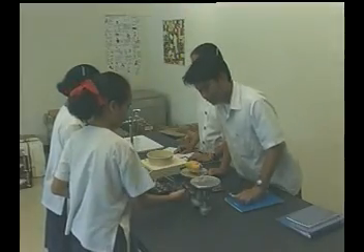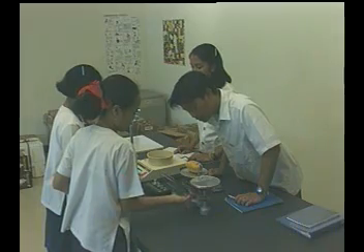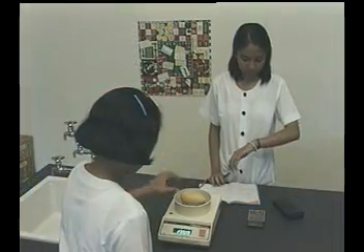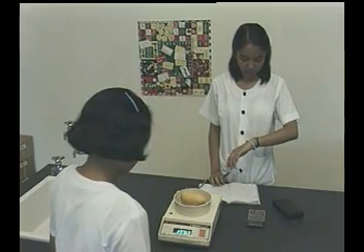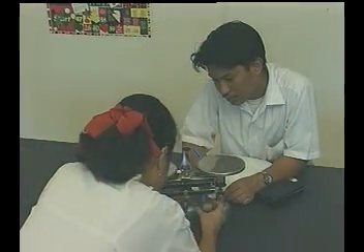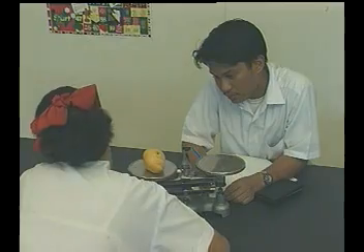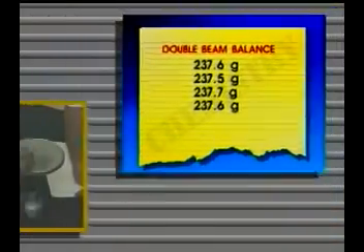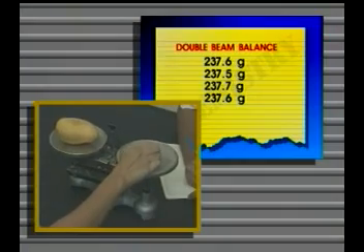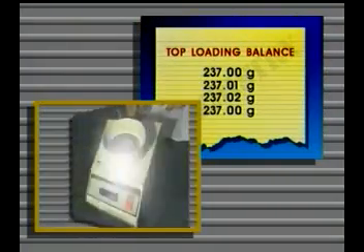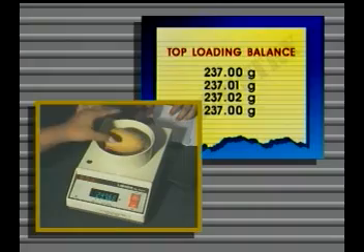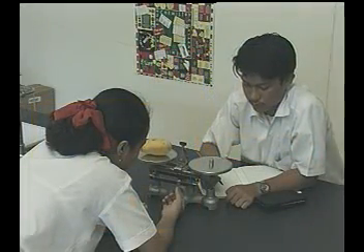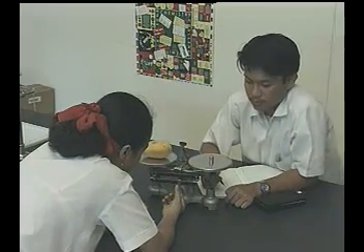We had two groups of students measure the mass of a mango. One group used the top loading balance. The other used a double beam balance. They made 4 measurements each and came up with this data. Which of these measurements should we report?